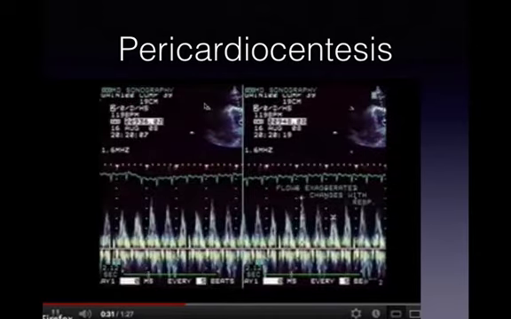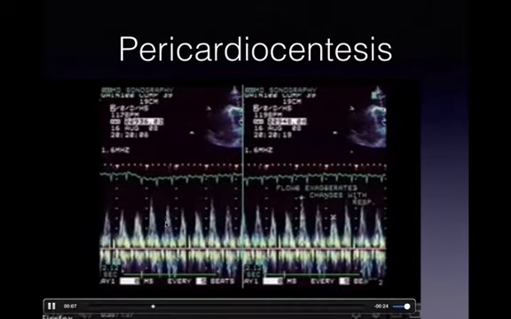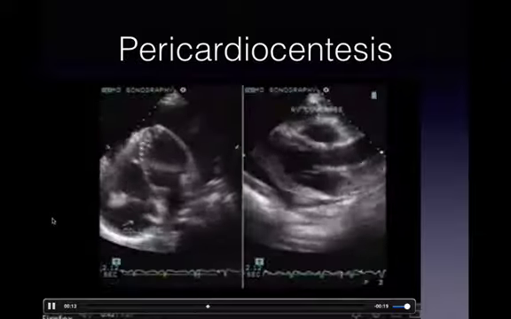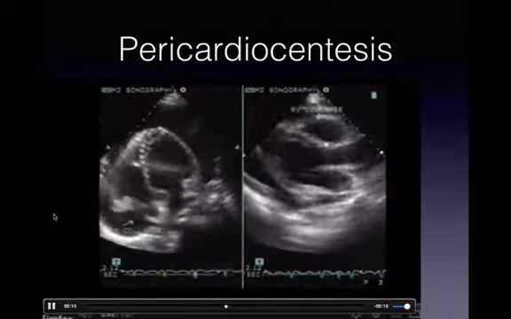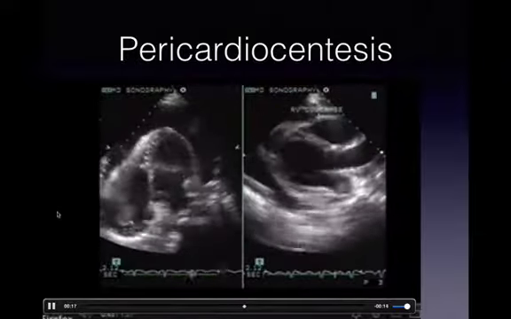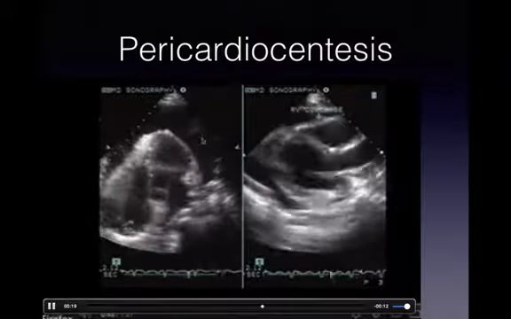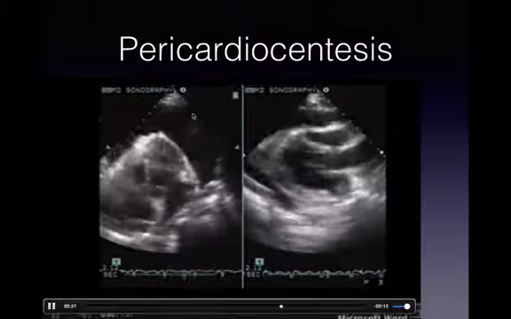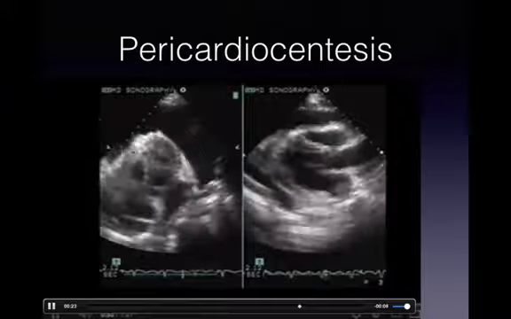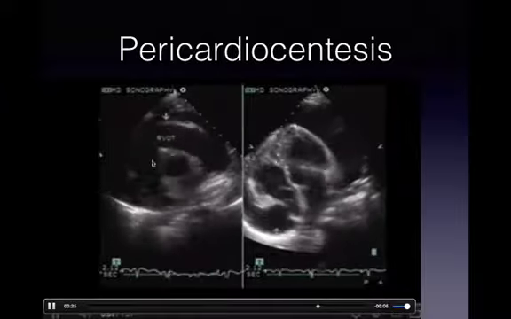This is a video of someone doing a pericardiocentesis, and you see the electrical alternans here in the EKG. And they're just going to come in to where they see the fluid, so look up here for the needle, and look at the collapse of the right ventricle here.